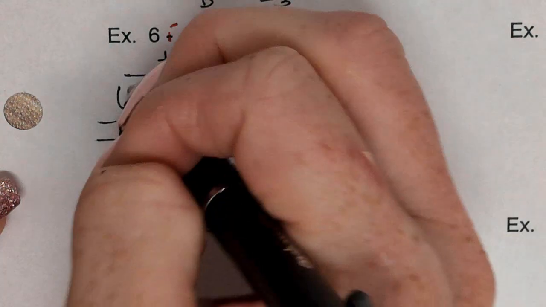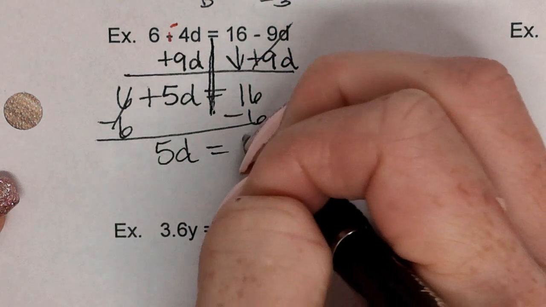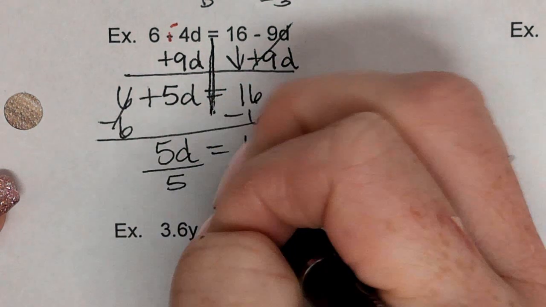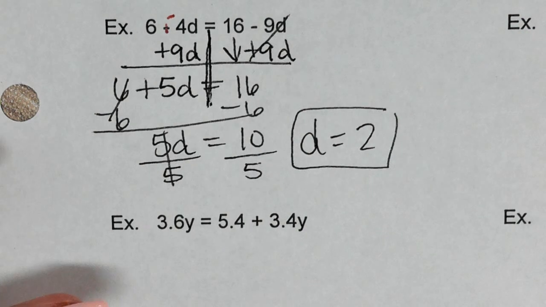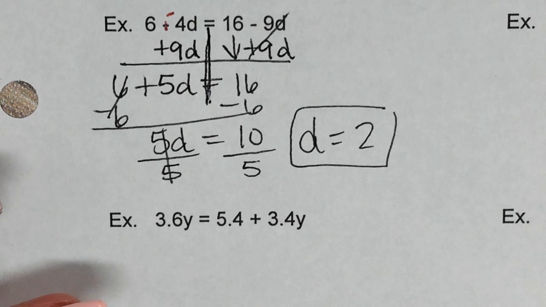Minus 6. So I have 5D equals 10. And then I'm going to divide the coefficient to get D equals 2. Questions? Are we okay? Can I move on?